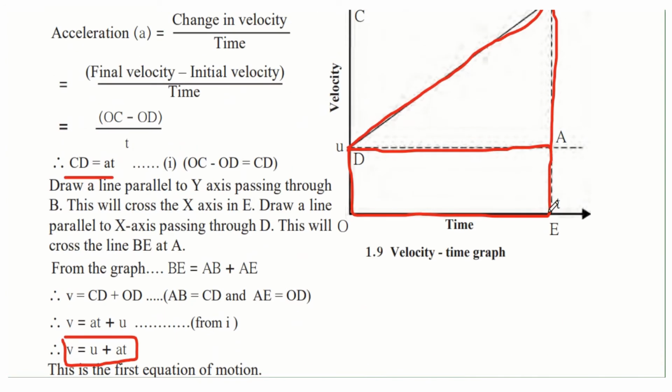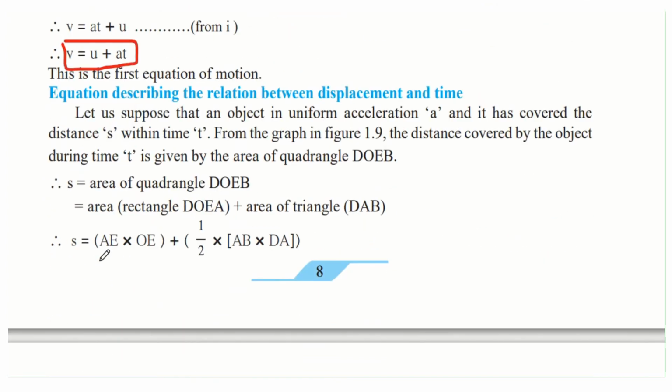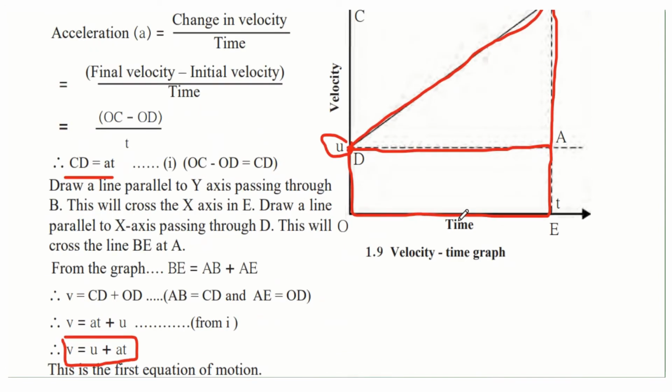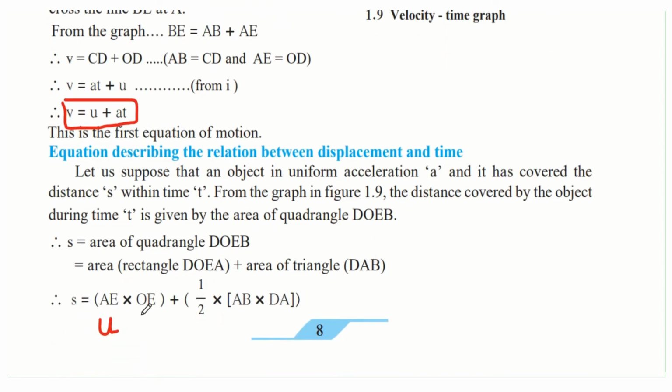But AE was equal to OD, which was equal to the value of u, so we substitute AE as u. OE is equal to time t, so we substitute OE as time t, and this would be half into AB into DA.